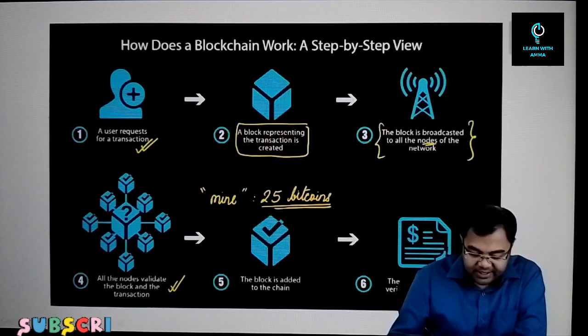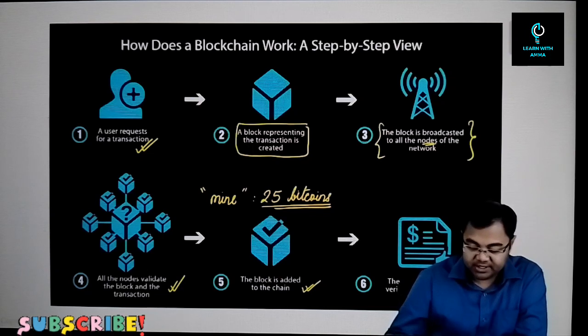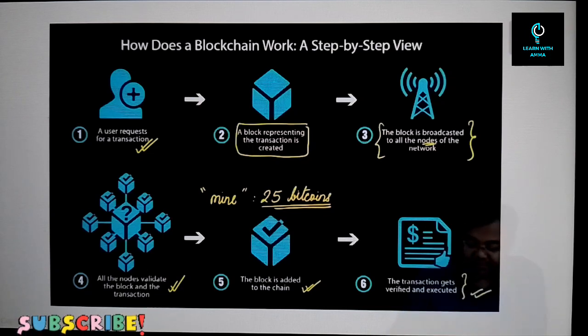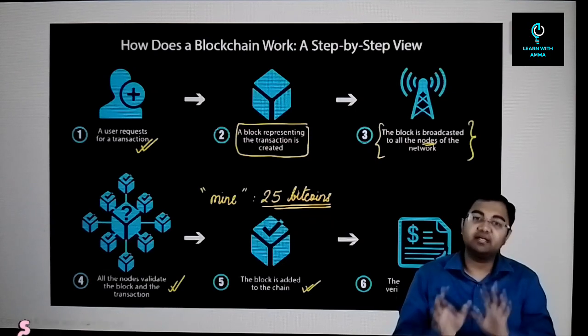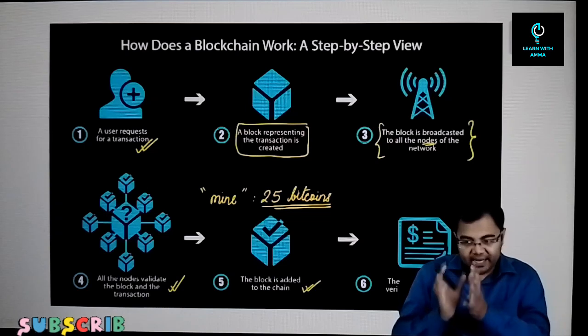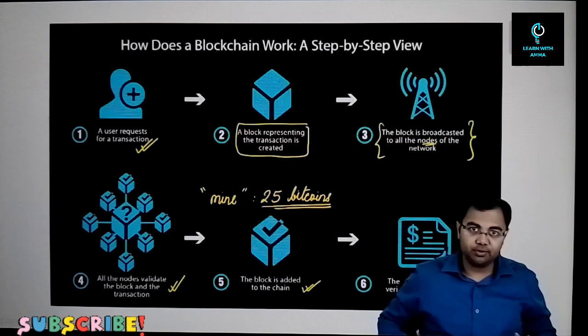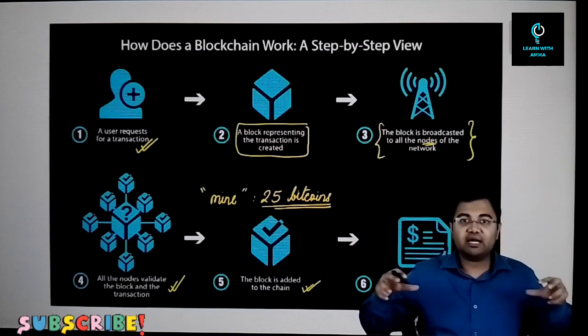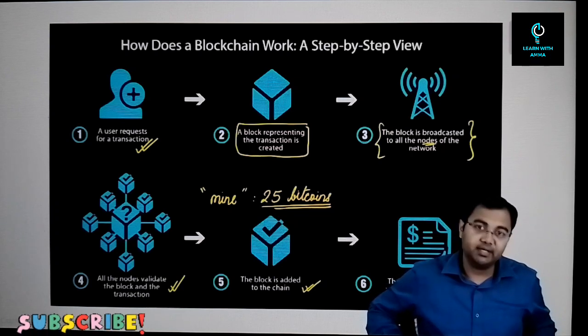As soon as the validation is done, the block is added to the chain, and then the transaction gets verified and executed. Then let's say another user comes forward with another transaction request. The same process will happen again, and the second block will also get added to the chain. So in this case, a blockchain is created.